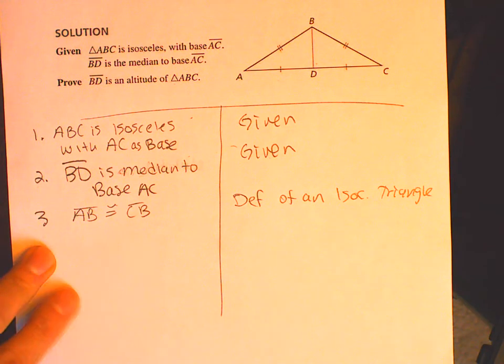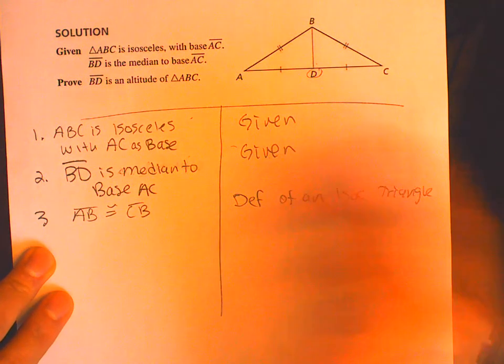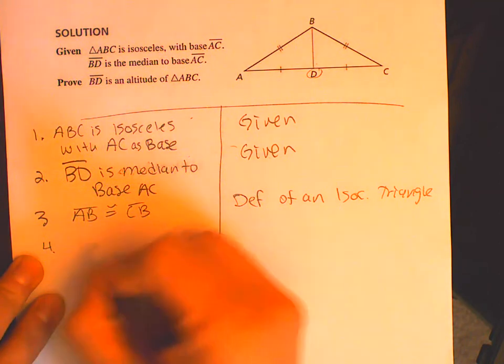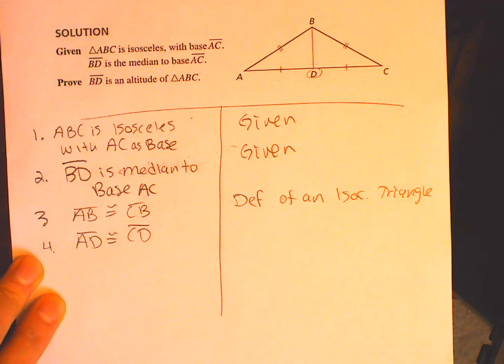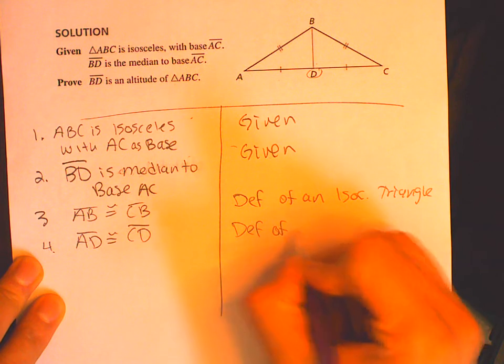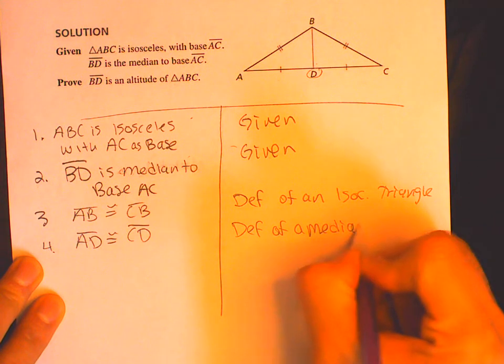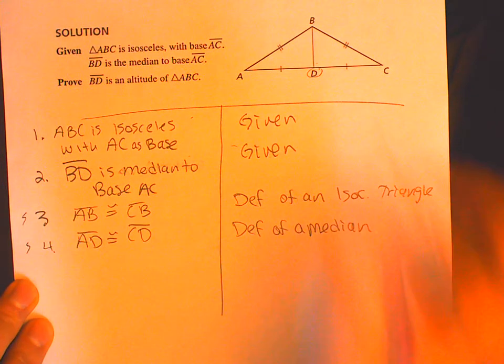Because BD is a median to AC, that means this is going to be a midpoint. So AD is congruent to CD, and the reason is simply the definition of a median. Now I have a side and a side. I need another side, BD.